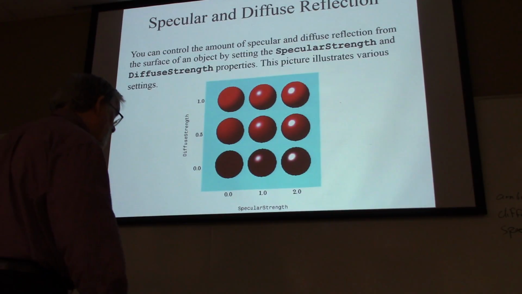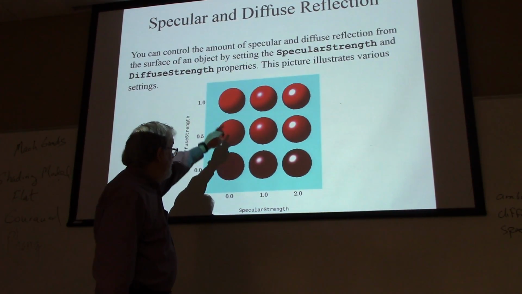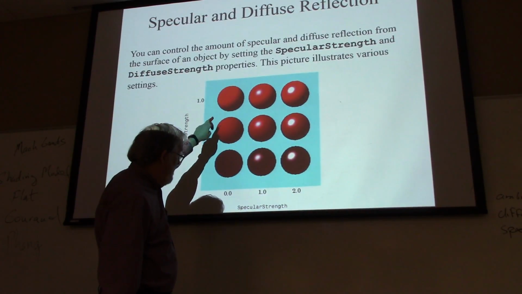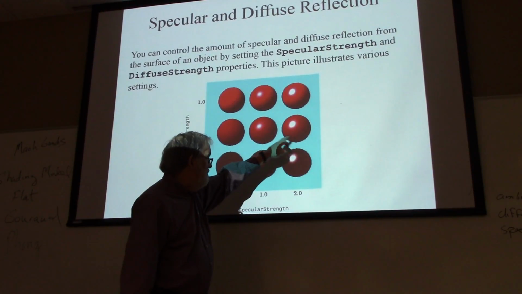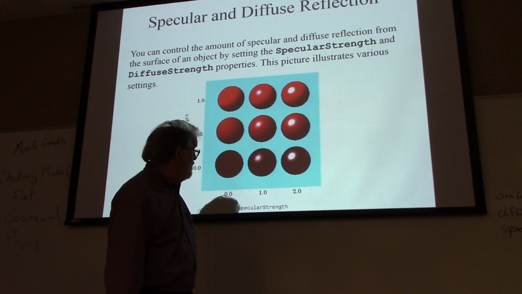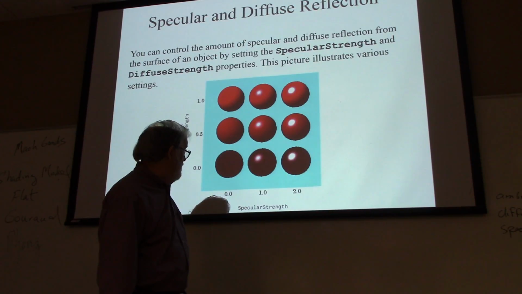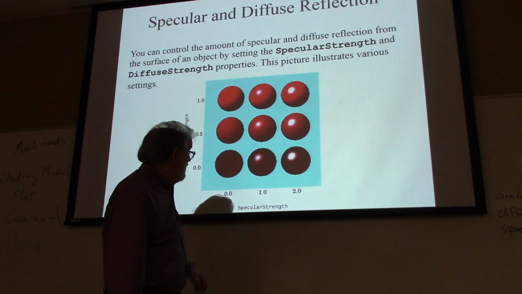So down here, there's nothing but the ambient term, and then the diffuse is stronger as you go up that direction, and then going across here, the specular strength is increasing as you go across, but the diffuse is the same.